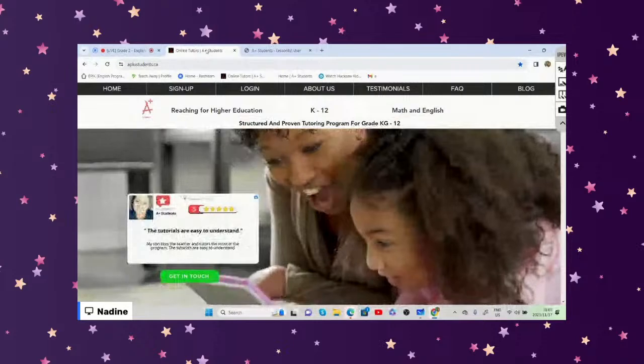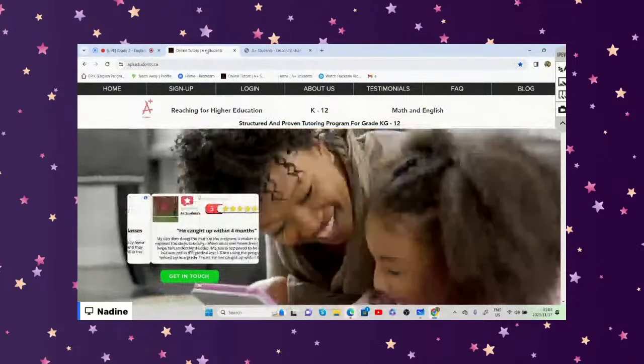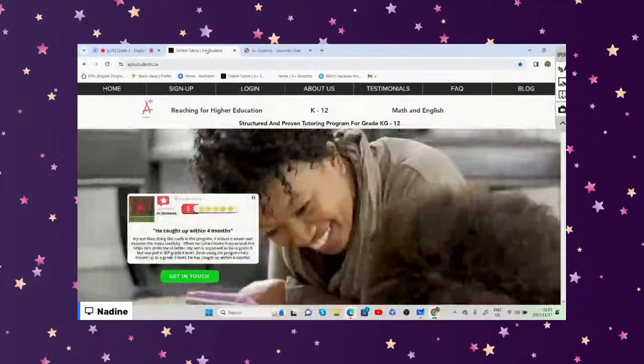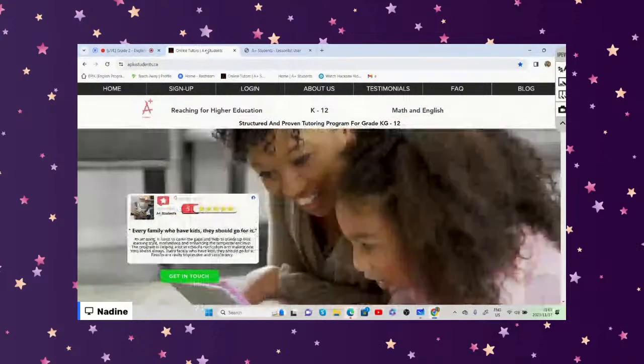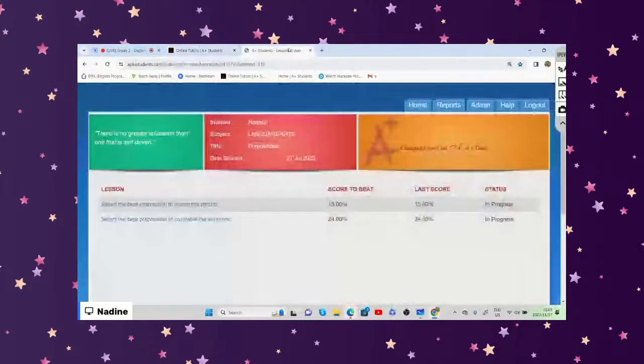Then we're going to scroll down until we get to the chapter of prepositions, and we're going to find out what prepositions are.